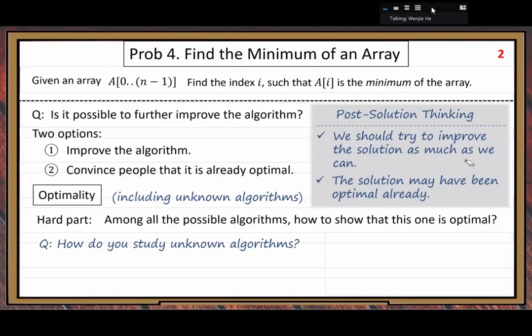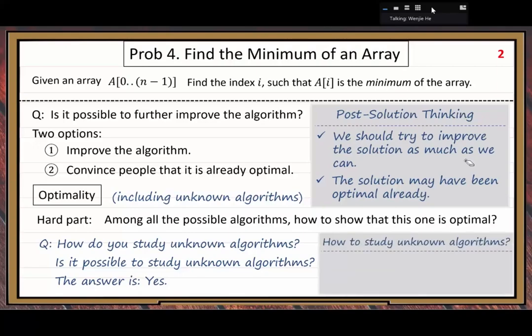Why it's possible. All right, let me tell you how to study. Yes, it's true. But the question, how to study unknown algorithms? There is a commonly used method people can use. Although we say unknown algorithms, it's not completely unknown. It's partially known, partially unknown, right?